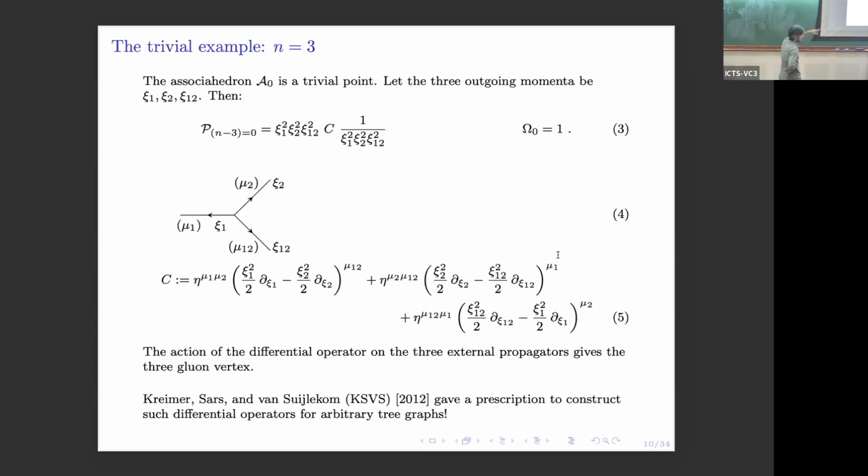Let me say a minor thing. If I had shown this C such that this is epsilon1 dot epsilon2, epsilon12 dotted with this thing, and so on, that will be perfectly all right, right? I perfectly agree with you.